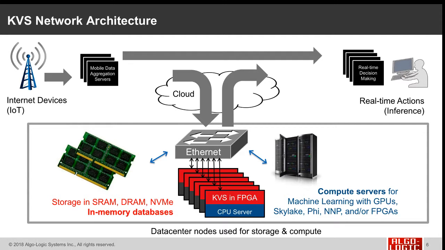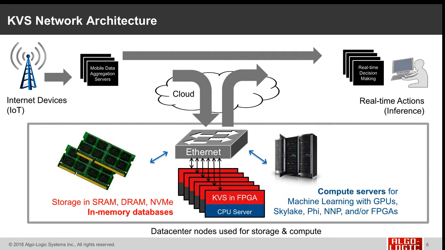As it goes into the cloud, you have scale-out compute systems where you can do things like machine learning at scale. You can use GPUs, CPUs, Phi processors, neural net processors in the data center. And then attached to the compute nodes is memory.